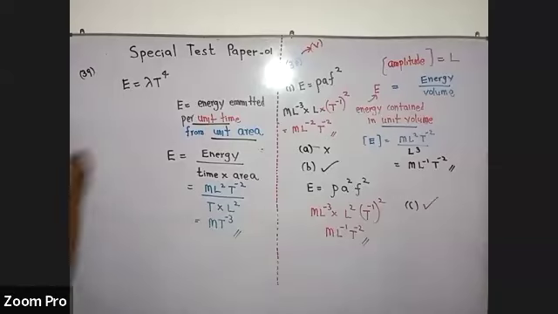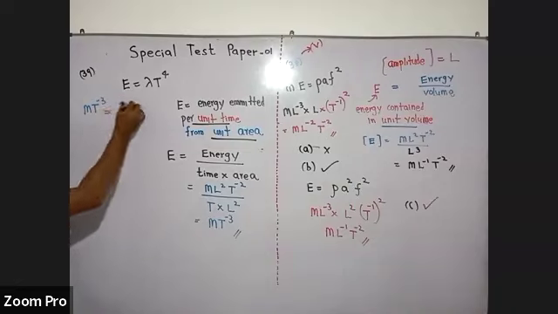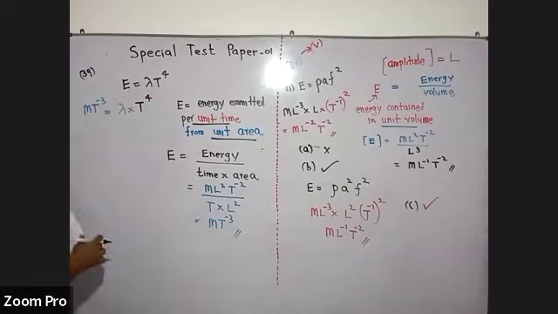Okay, let's substitute this into the equation. That is MT^-3 equal to lambda, substituting T to the power 4.